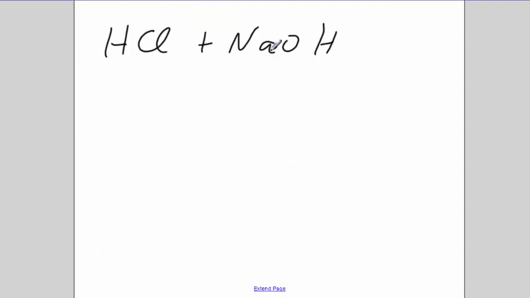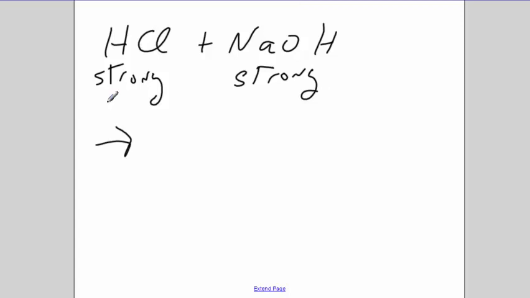HCl plus NaOH, that's a strong acid plus a strong base. Remember that strong things completely dissociate. This is your regular, ordinary, everyday double replacement reaction. The H is going with the OH, the Na with the Cl.